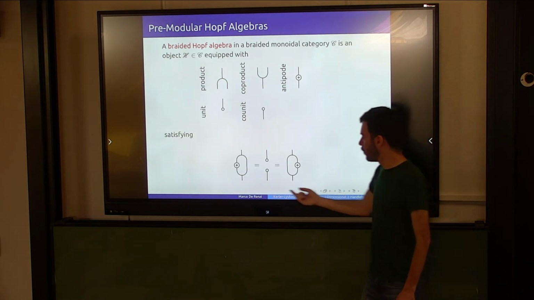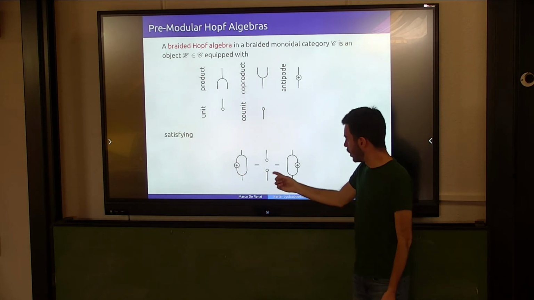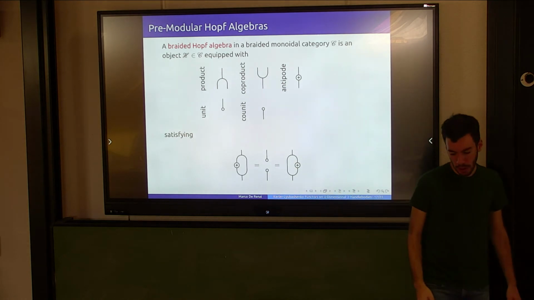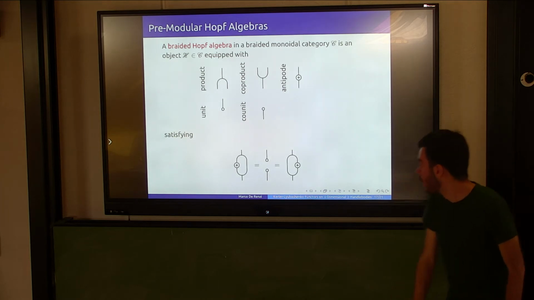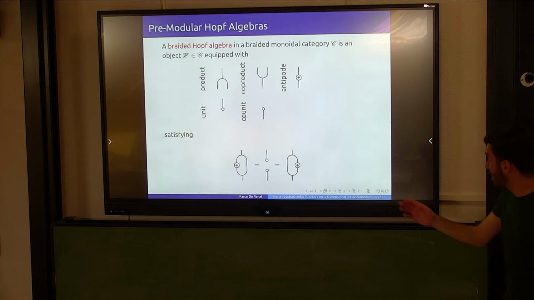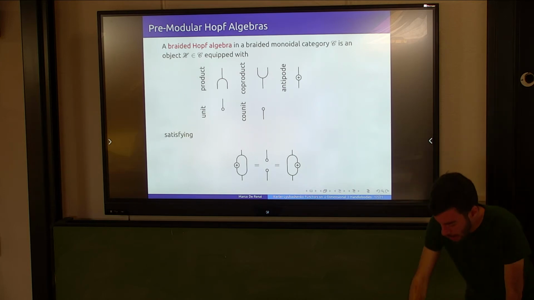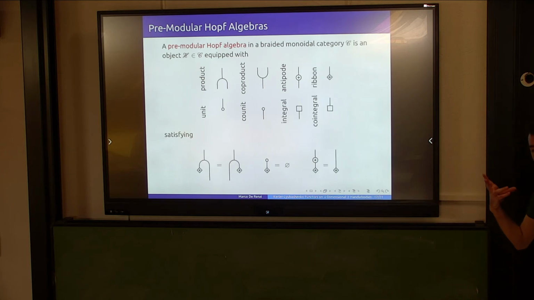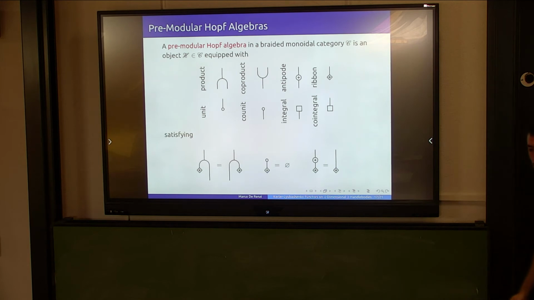It means that if you do the coproduct, then antipode on one leg, and then multiply together, you get co-unit and then unit, and the same on the other leg. And there are more axioms. So there is also more structure, because a pre-modular Hopf algebra is a braided Hopf algebra like we had before, but with further additional structure morphisms.